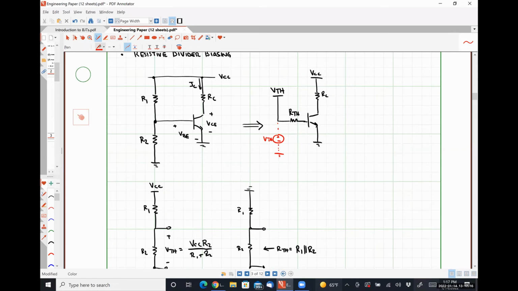So it should be trivial now to see that I now have a well-defined base current, IB, IC, VBE, and VCE. So the only difference in our analysis here is that instead of using VCC in the determination of our base current, we now use VTH.